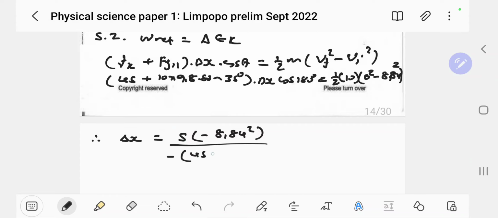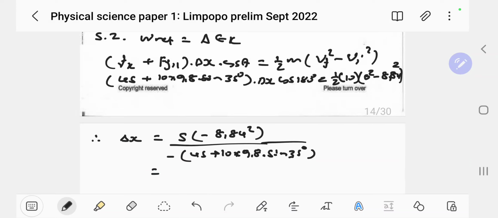Now we can say 45 plus 10 times 9,8 times sine of 35 degrees. All right, guys, so we have our distance right there.